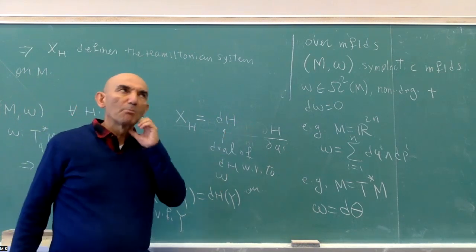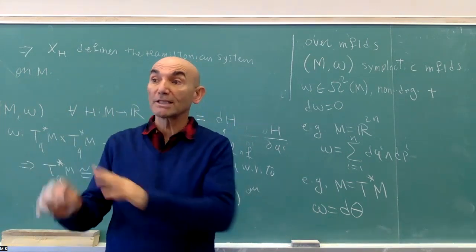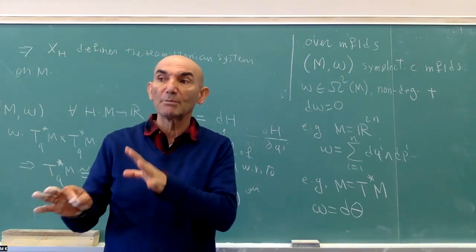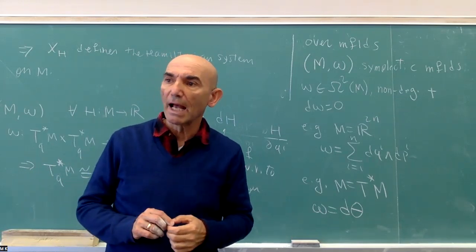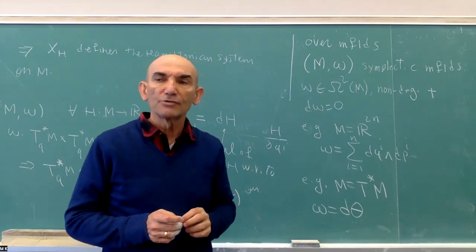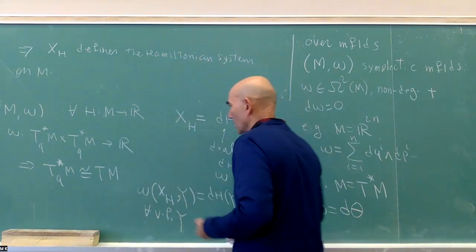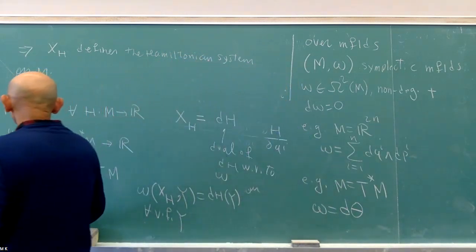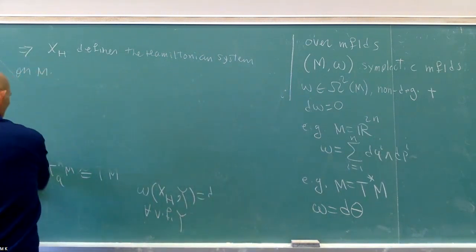But how can we produce those Hamilton's equations that we had on R^n? Locally we can, but to do that we need an interesting result, which is called Liouville's theorem. That's not a trivial theorem. That was a good question.